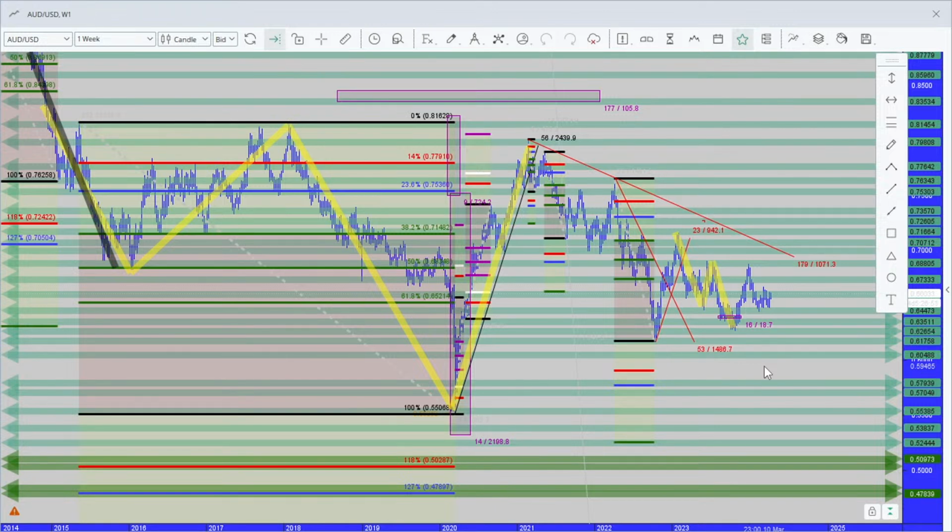Yes, fair enough, it depends if you're a day trader, intraday trader, scalper, of course. But most of the time we're talking about a general direction to be positioned better.